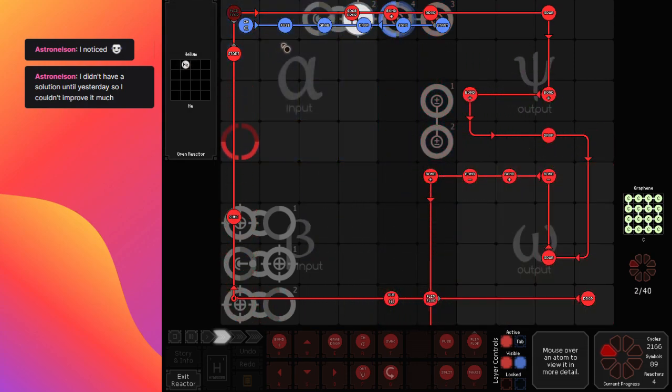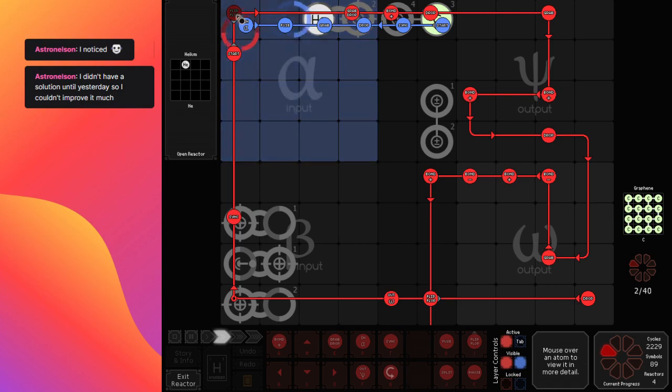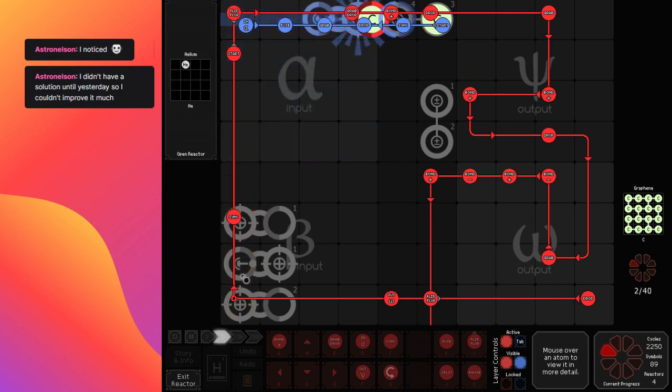So 3 heliums get 2 carbon. And there's some fancy synchronization going on here. This here is actually a 3 count because it passes this synchronize once and then twice on the way back down and then the 3rd time on the way back up. Flip-flop, yeah.